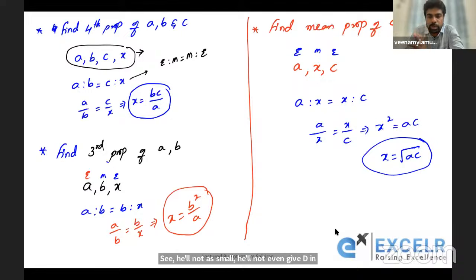He'll just give you two terms and he'll tell you to find out the third proportion. He'll just give you two terms and tell you to find out the mean proportion. Understood? Revati, what is your doubt? See, the same thing. I'll show you that. So these are the three cases you might get in placements.